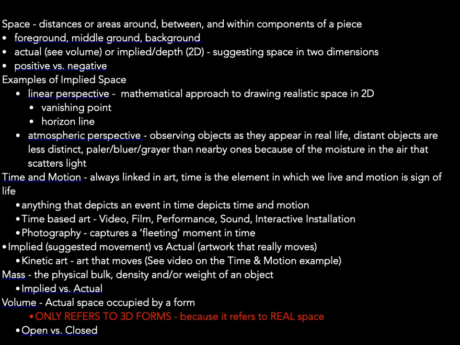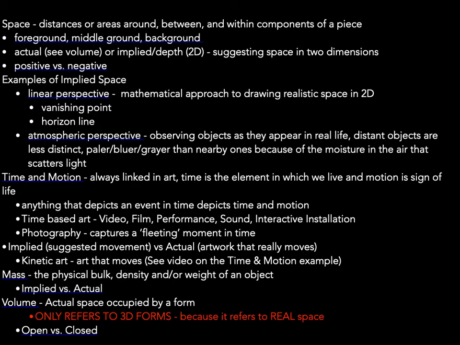Space is described from actual space, which is usually described as volume in three-dimensional artworks, or implied space, depth, or perspective in two-dimensional artworks, the suggestion of space in two dimensions.